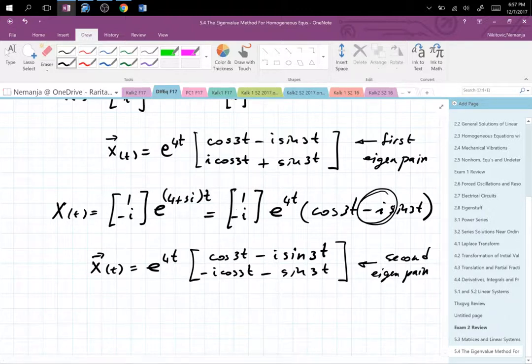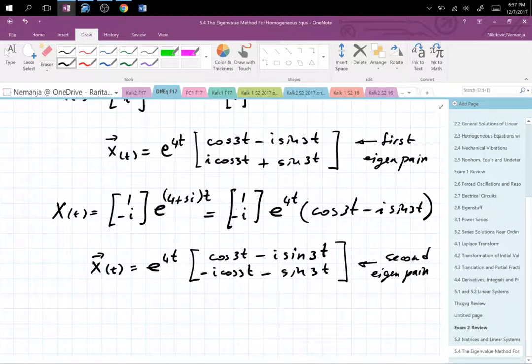You can combine it into a single solution. Right now, we are going to ignore all of the complex parts and just pick the real parts out of everything and put the solution for the entire problem together. So that part doesn't even play a role in our solution at the end.